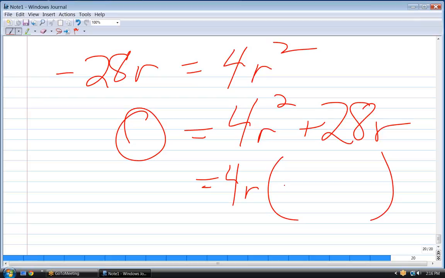And then on the inside it will be 1r, and then it'll be plus 28, so 7. So what are your solutions? So then it'll be r equals 0, and then r equals negative 7.